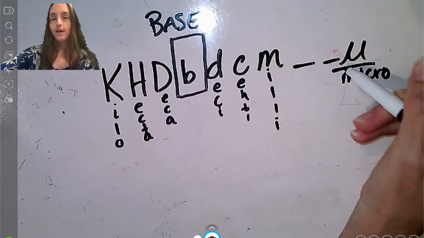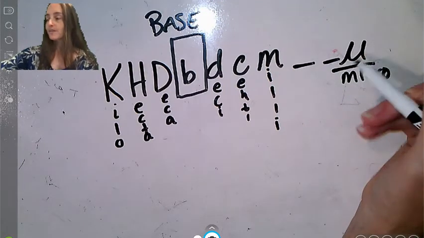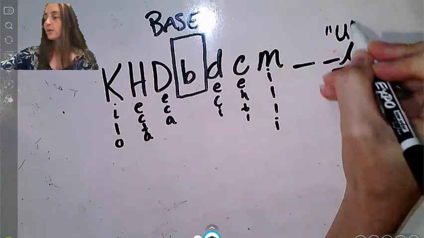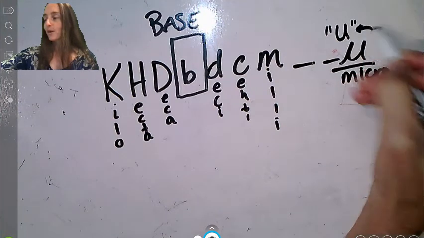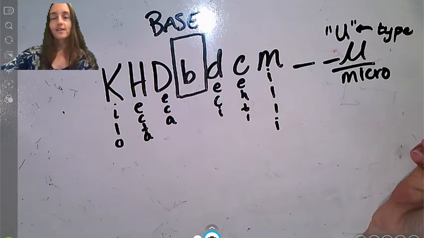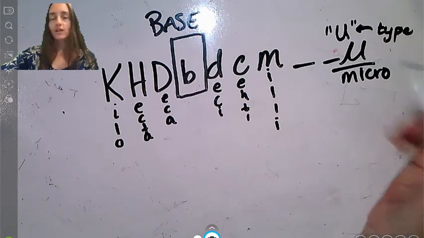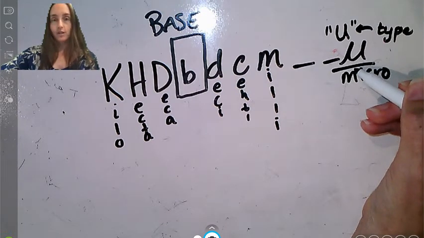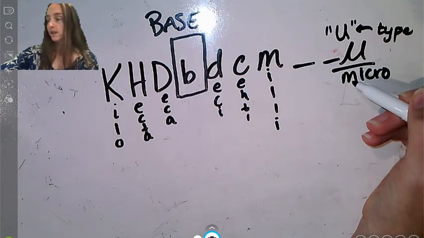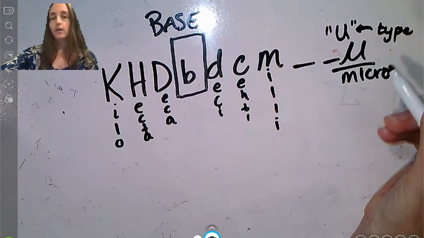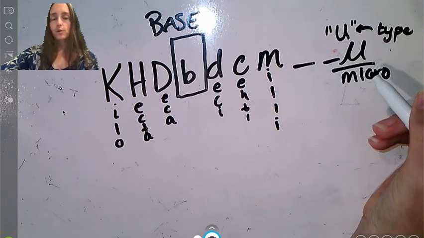It's a Greek M, and it looks like a U. So when we type it on a computer keyboard, we just use the letter U. Okay, so you'll often see it in a typed format as just a U. The reason it's a U is because the Greek letter mu, the M in Greek, is actually quite U-shaped. It has this tail in the beginning, so it's kind of like a pointy M. But otherwise, it looks a lot like a U. So we just type it as a U.